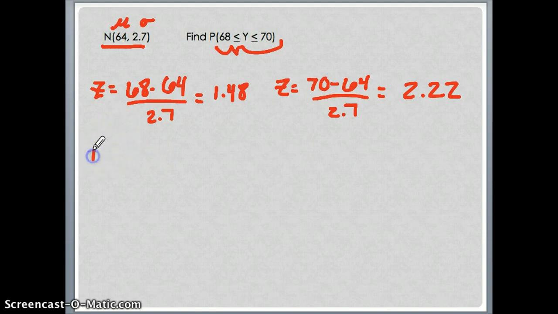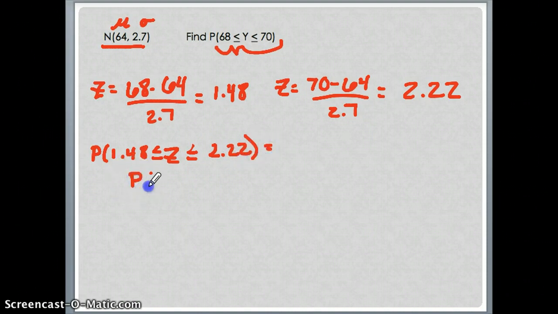After finding the z-scores, now I understand I'm looking for the probability of z, the probability of our z-scores being between 1.48 and 2.22.